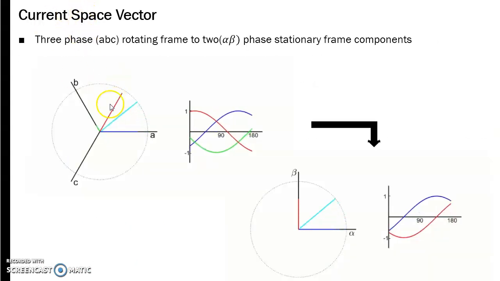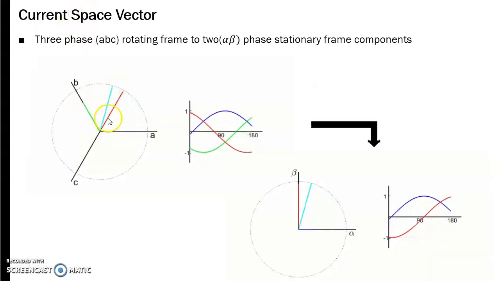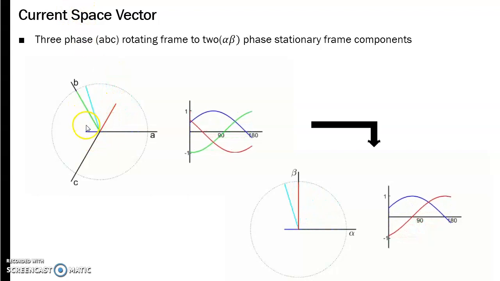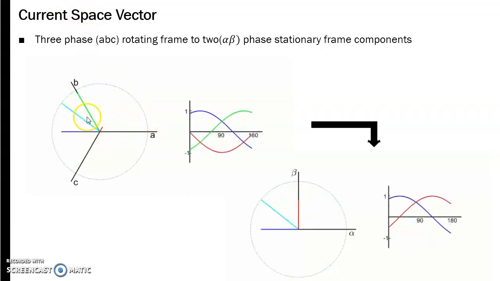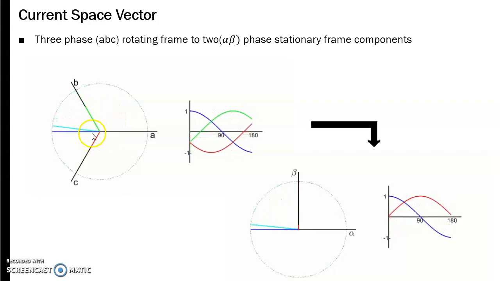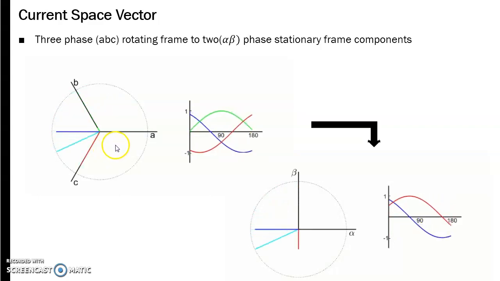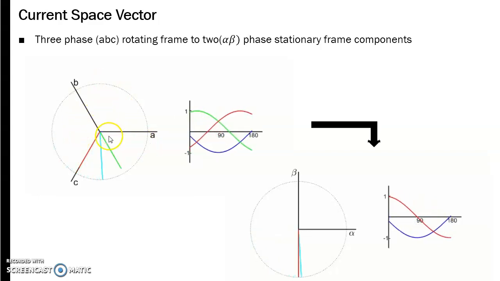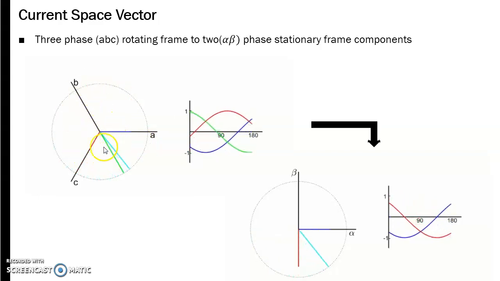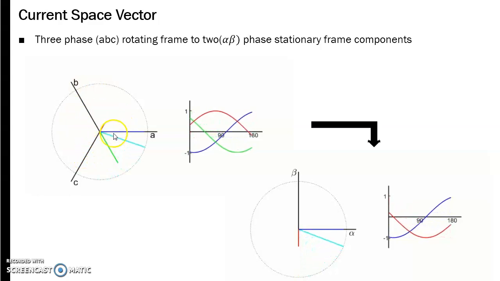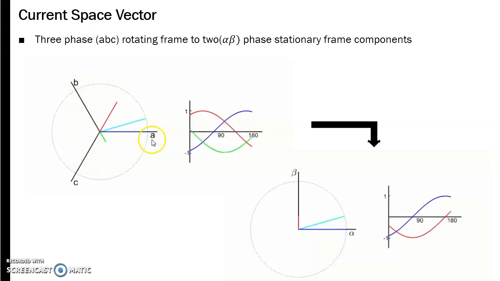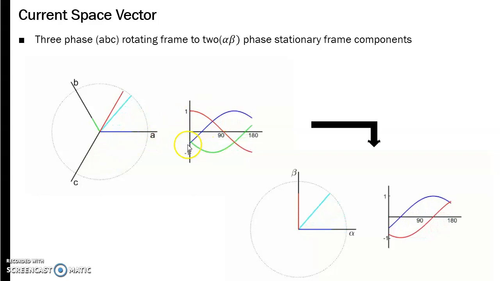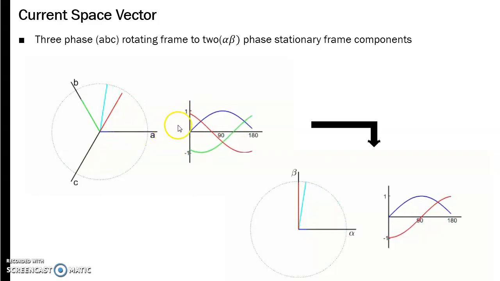The three-phase ABC quantity is rotating through 360 degrees. These are the voltage axes ABC, displaced by 120 degrees each.